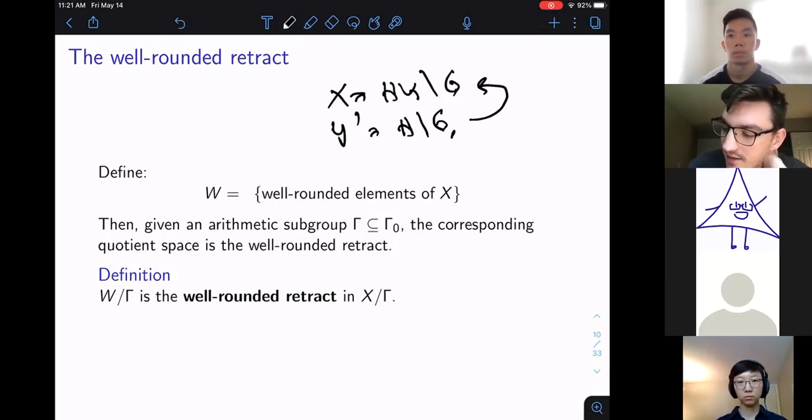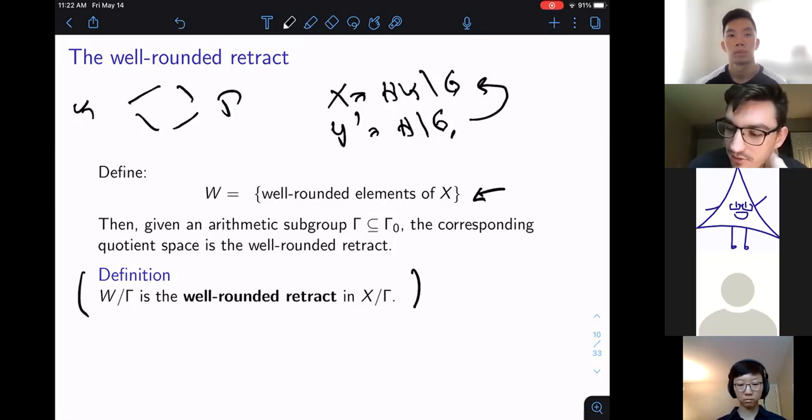And if that marked lattice is well-rounded, then this gives you an element inside this space. Gamma_0 was the stabilizer of our fixed lattice L_0, and given any arithmetic subgroup Gamma, we define the well-rounded retract inside X mod Gamma to be the quotient mod Gamma. And remember, we have an action of Gamma_0 on marked lattices, so this is well defined. That was the point of the diamond diagram, where you could go either via K or via Gamma_0.